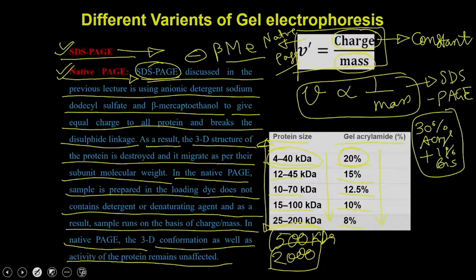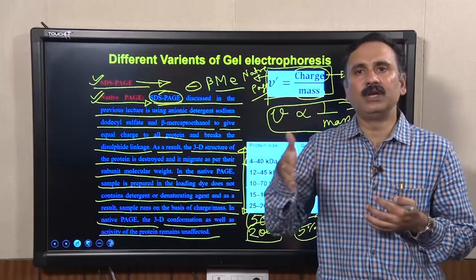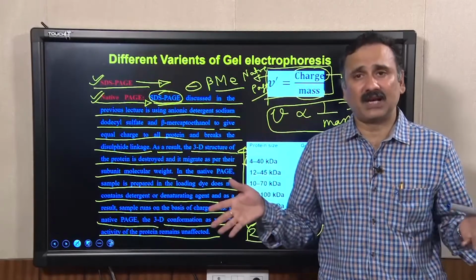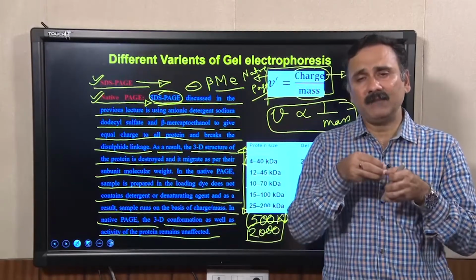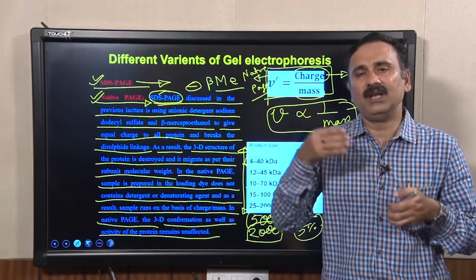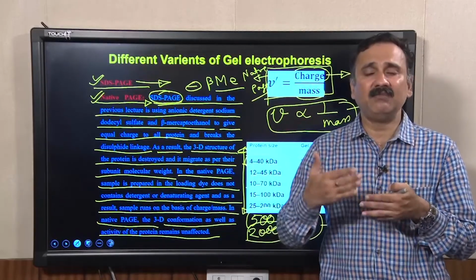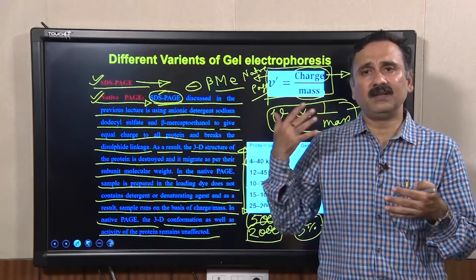If you drop the concentration to 5%, or even 3%, the acrylamide is so low that it will not give you a gel-like structure; it is not enough to give you a gel which can be manipulated in a simple way.